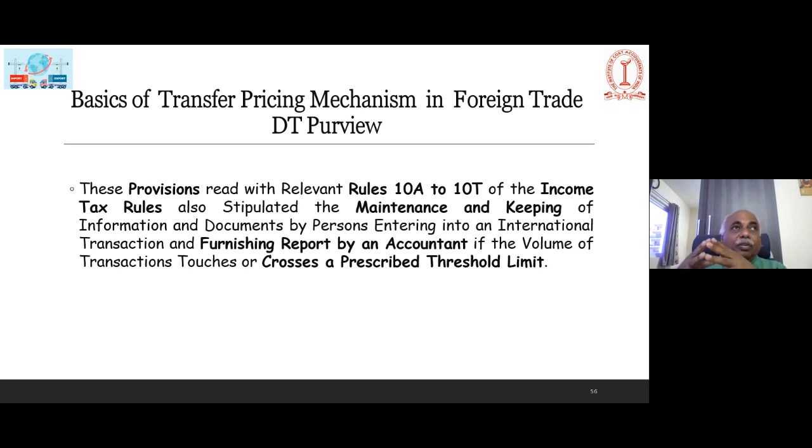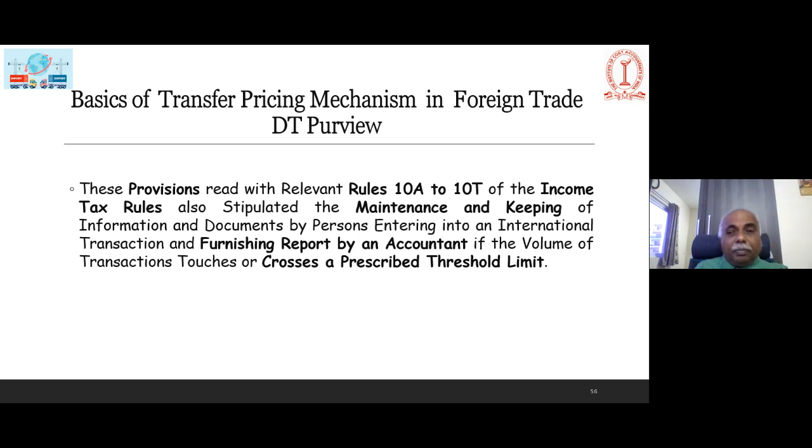And what are the rules? Rules 10A to 10T of the Income Tax Rules also stipulate what records are to be maintained by companies with regard to the transfer price mechanism, and what type of records are to be kept for verification and audit purposes.